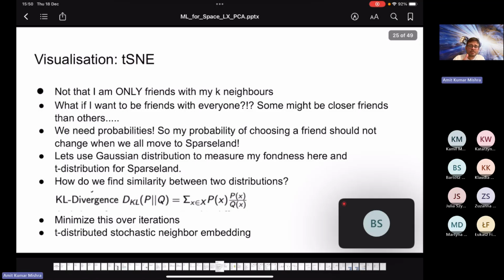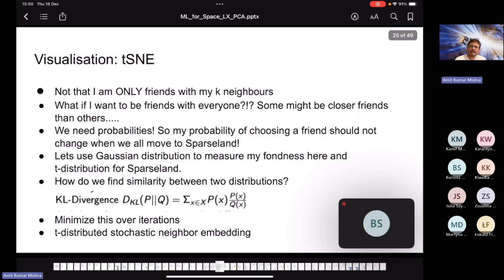Now, for the distance between two different distributions, you cannot use Euclidean distance, because distributions actually don't fall on Euclidean space. So the usual way to find distance between two distributions is something called KL divergence. There are other measures as well, but KL divergence is usually the chosen way to find distance between two distributions.